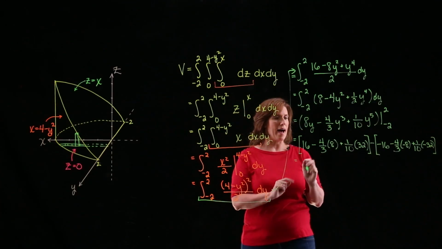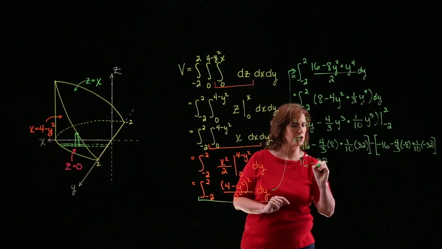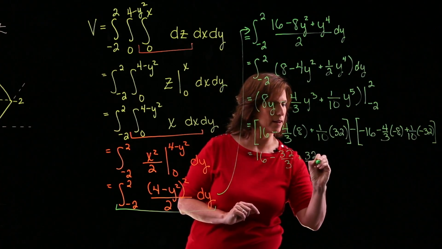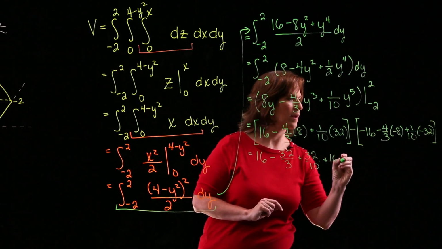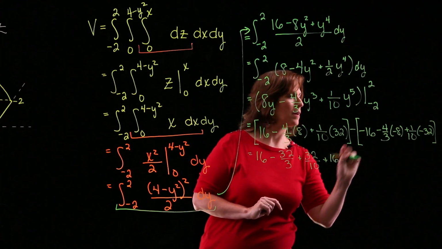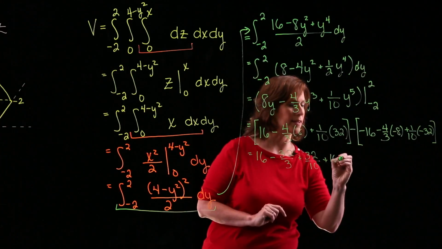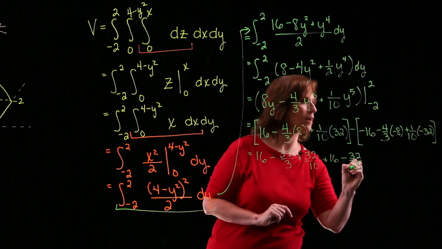So let's see. I have 16 minus 32 over 3 plus 32 over 10 plus 16 minus, because we'll have a positive 32 over 3, but then that's negated, so that'll be a negative 32 over 3.